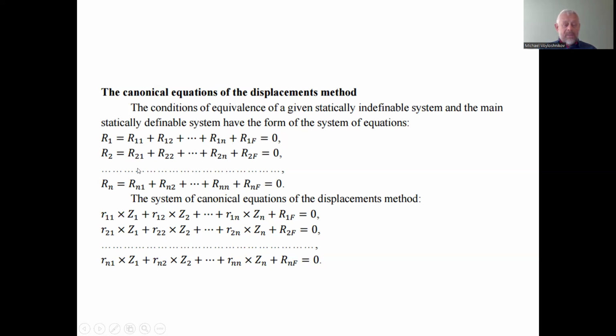This means that all forces acting in this second extra connection have to be equal to 0, and forces on behalf of the other forces acting in this definite case, the second connection, have to be equal to 0, etc. And in the nth direction, the total of summands corresponds to the displacements in each of the n directions.